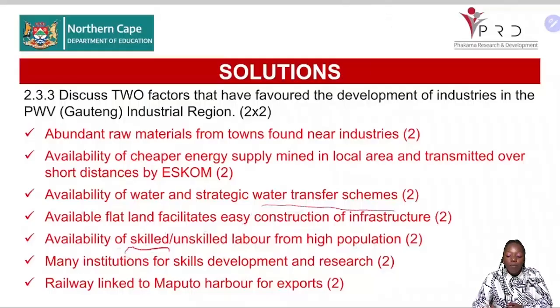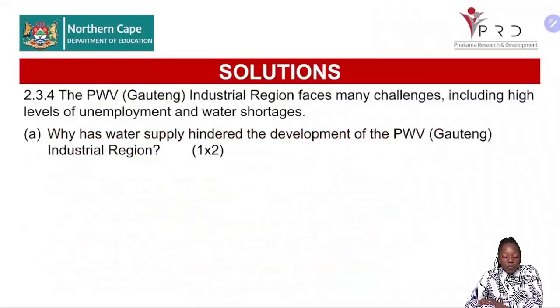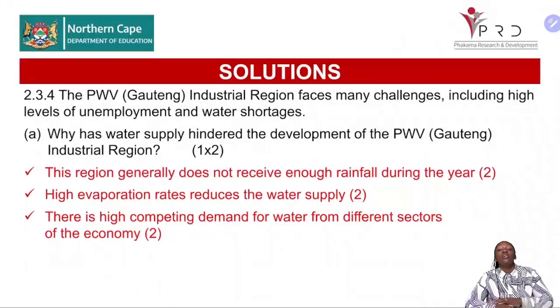Remember, we rely more on the international trade as compared to the local trade. Then we're looking at our question 2.3.4, which is A, why has water supply hindered the development of PWV industrial region? So even though we said in PWV there are water schemes, sometimes those water schemes are not enough or they fail.